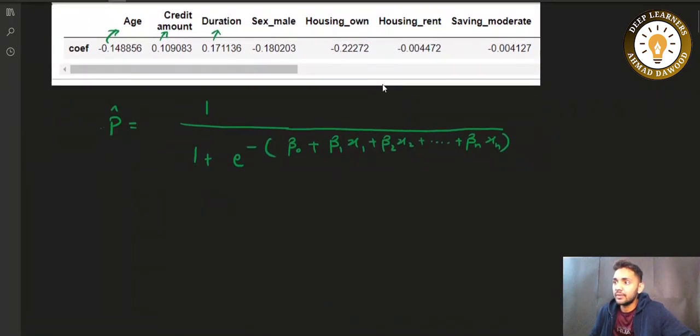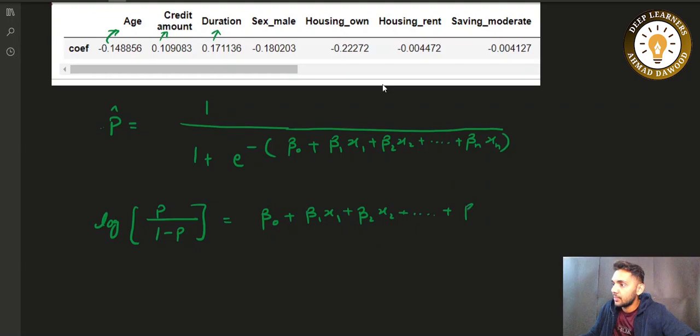Now in the same way, if I write this equation in the form of logit of p, it will be log odds, p over 1 minus p, is equal to beta 0 plus beta 1 x1 plus beta 2 x2 up to, let's say, beta 21 x21. Now we can write the equation in both forms.